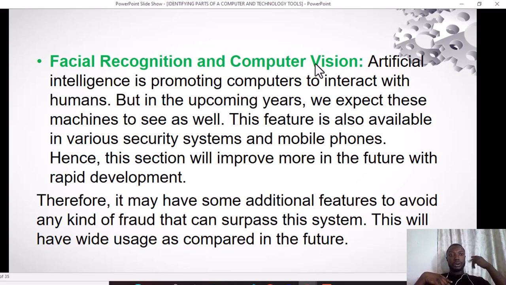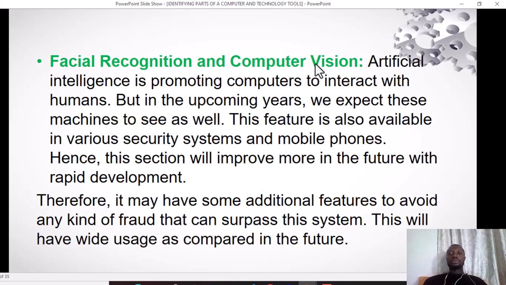All right, so this feature is also available in various security systems and mobile phones. We already have facial recognition and other stuff. It's already in some sections of this world, and in the next generation of computers, it will be very advanced. So this sector will improve more in the future with rapid development.